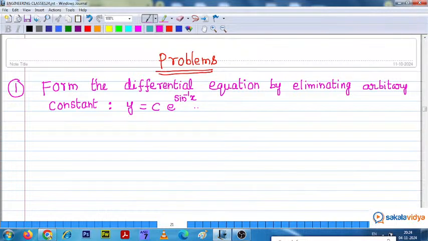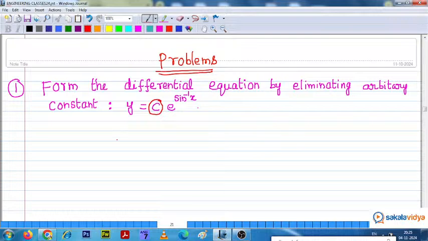Here the arbitrary constant is c. By eliminating c from this equation, we get the eliminant, that is nothing but the differential equation. By eliminating the arbitrary constant c from the equation y is equal to c times e power sin inverse x.